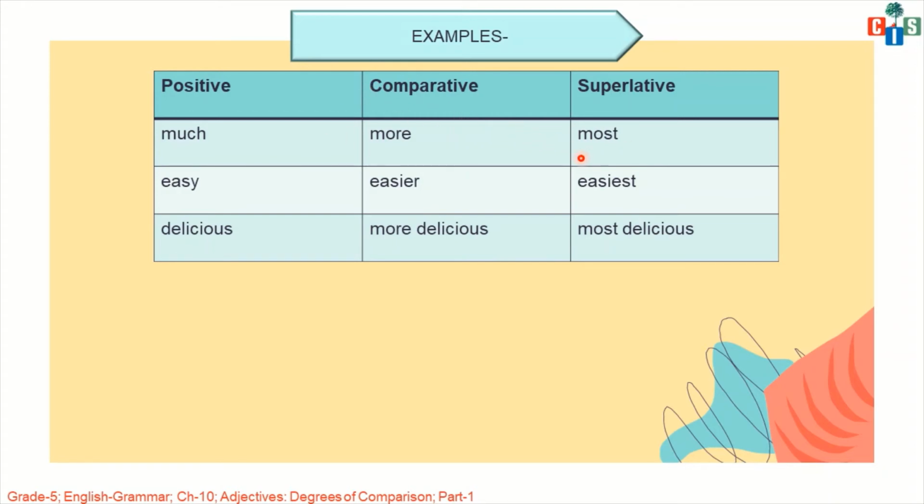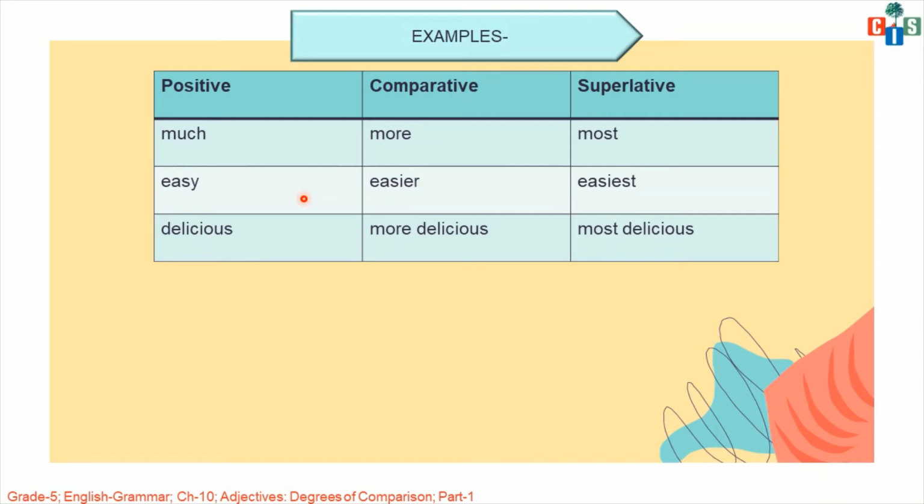In this way you have to remember that if it is much, then it is the positive degree of comparison, if it is more, then it is the comparative degree of comparison, and if it is most, then it will be the superlative degree of comparison. Okay, now see second example, easy. Easy, how we are changing here? By adding suffix ier.